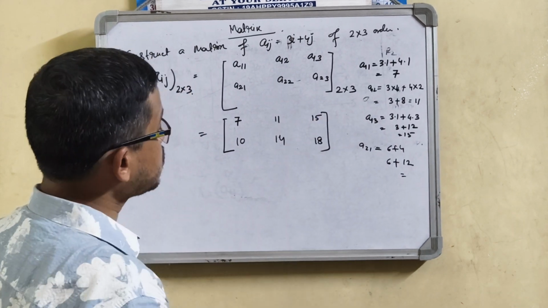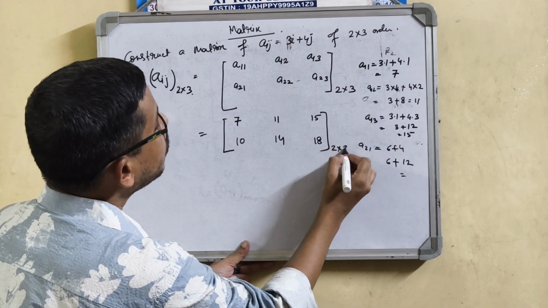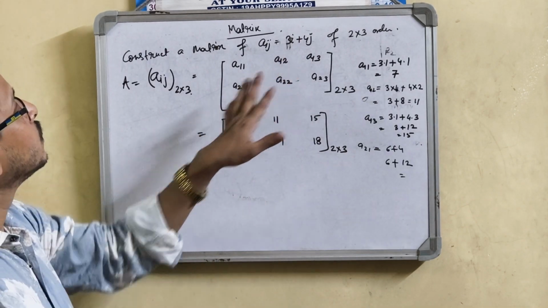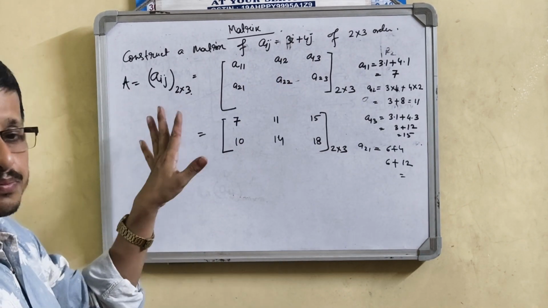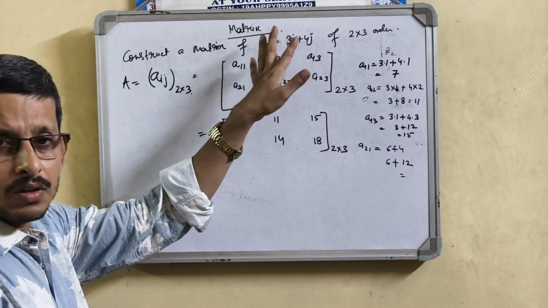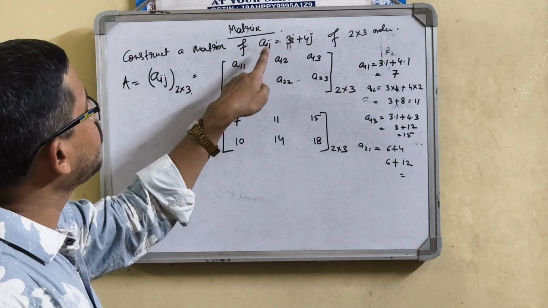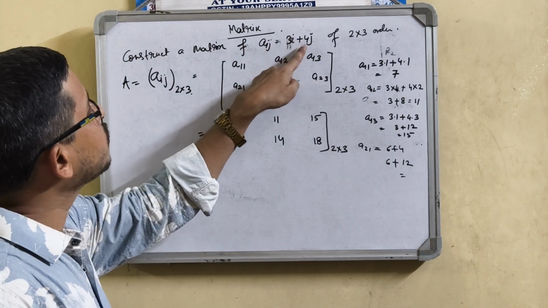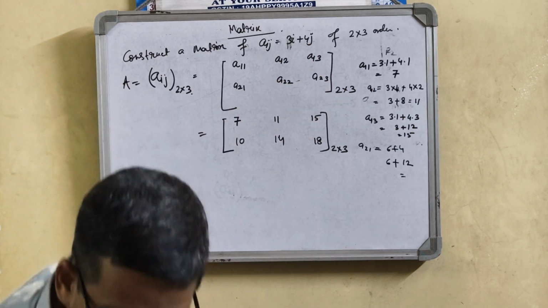This is the entry of the second row and third column. Now this is a general basic problem: how to construct a matrix according to its definition. Here the definition is aij equal to 3i plus 4j.